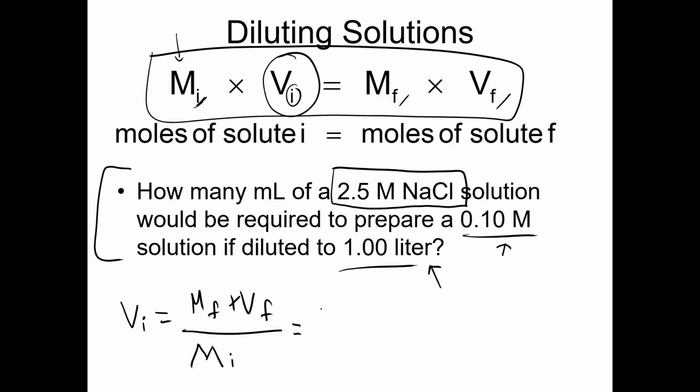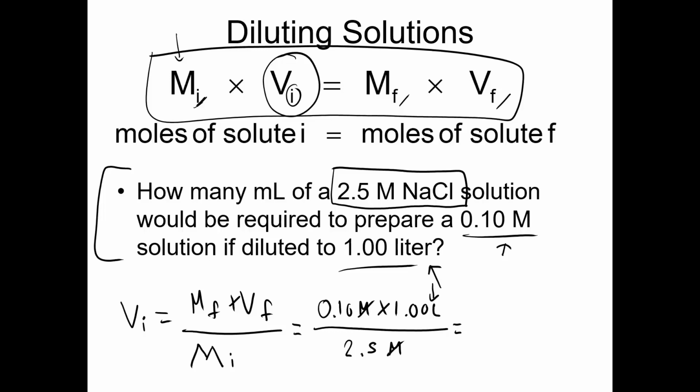So we're talking about a 0.10 molar solution times 1.00 liters divided by the 2.5 M. See, the M cancels and we end up with liters here. Of course, I'm asking for milliliters.